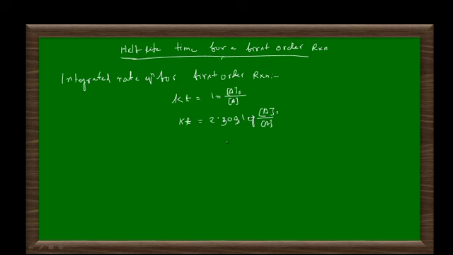Now t will be equal to 2.303 divided by K into log of a naught by a.